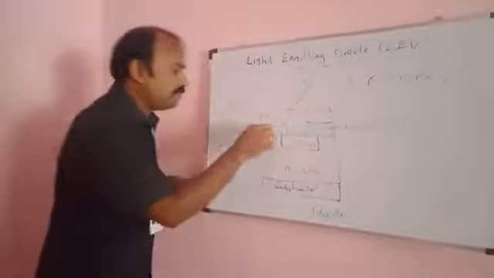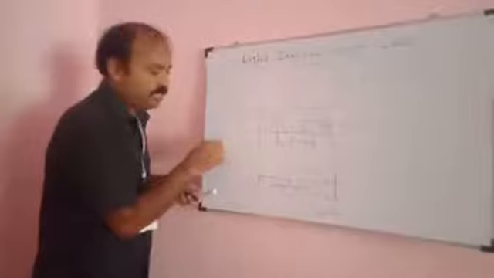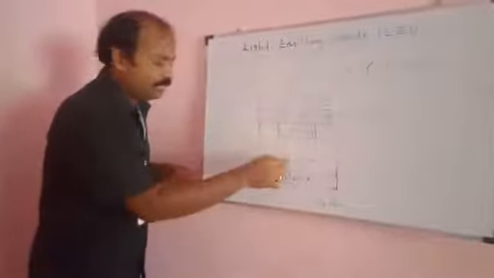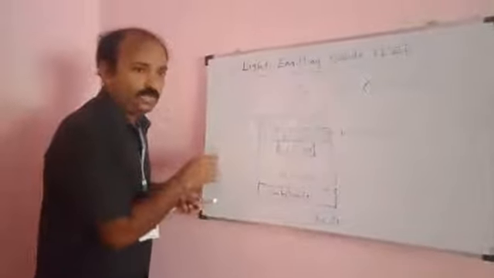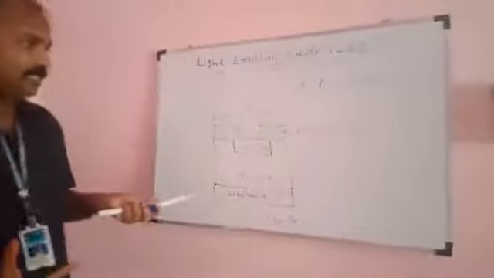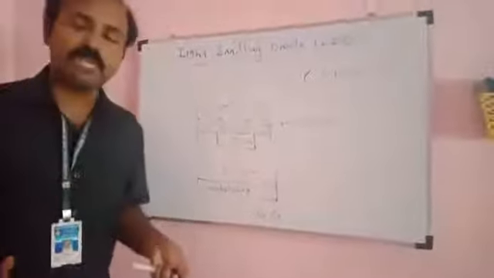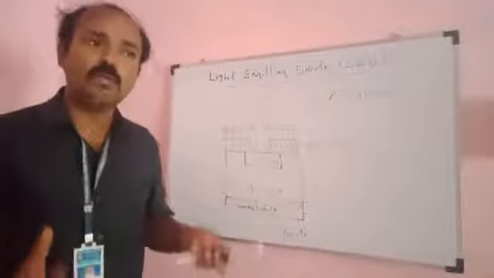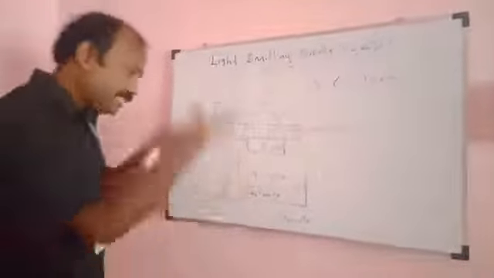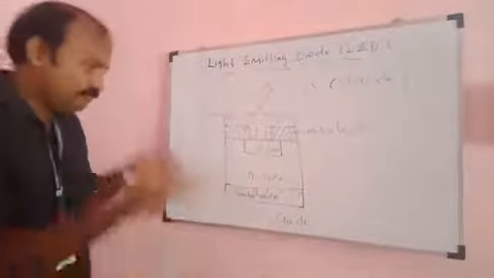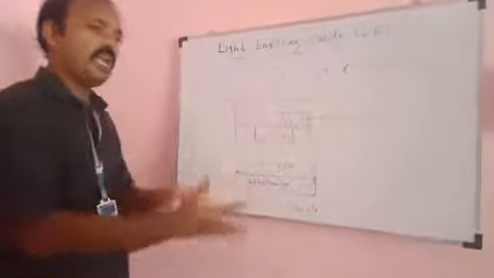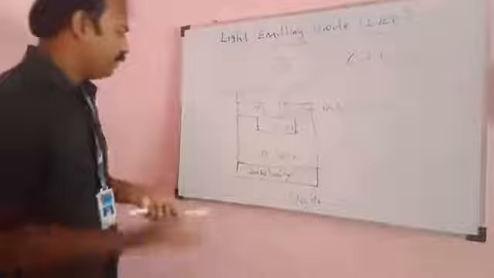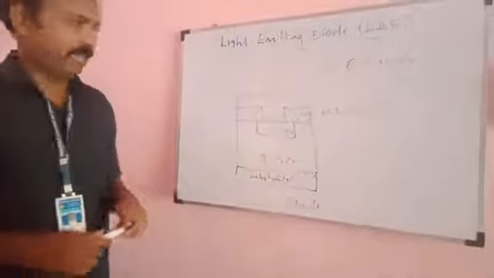A P-type semiconductor is connected to the positive terminal and the N-type semiconductor is connected to the negative terminal, that makes a forward bias. During forward bias, the diode works. During reverse bias, the diode does not work. So this is simply a modified form of diode only. So this diode is also going to work when forward bias is provided.